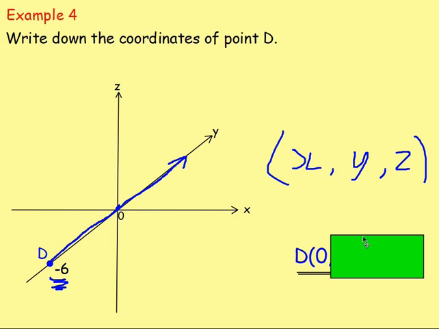So for the y value, that will be -6. After that, we are at this point, and then do we have to go up or down? No, we don't. That would just be daft. So that just stays as 0. Which means then D would have the coordinates 0, -6, 0.